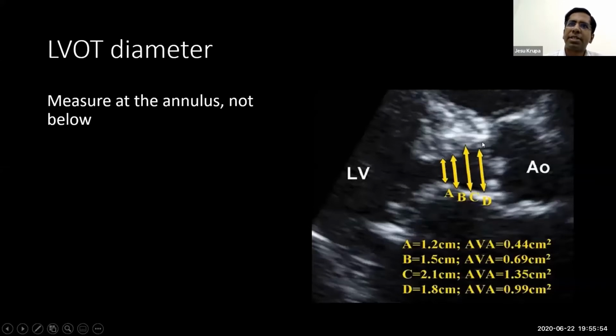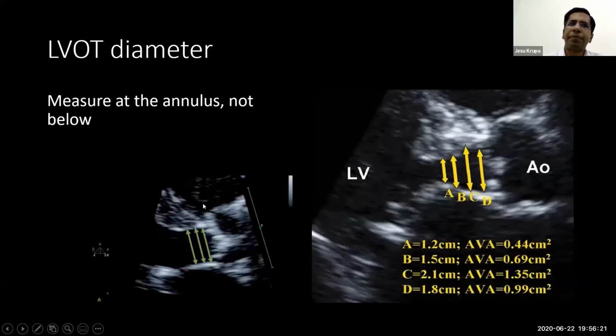That is why we should stick to one point, which is the fibrous skeleton, and that is the annulus. So annulus corresponds to LVOT diameter, and we stick to that so that there is no study to study variation, and also no variation in different conditions like LVH or sigmoid septum. That is why we measure the LVOT at the annulus.